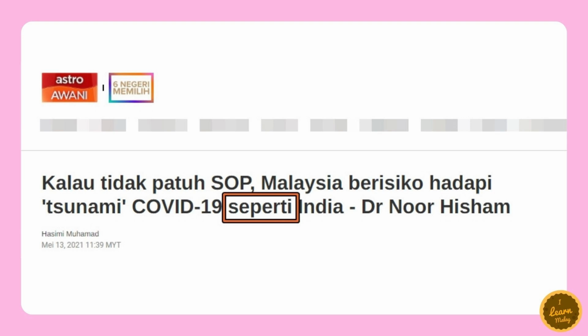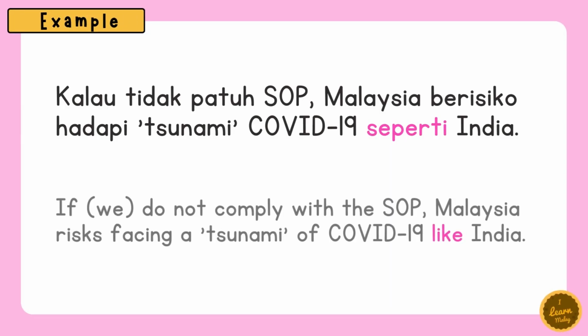Kalau tidak patuh SOP, Malaysia berisiko hadapi tsunami COVID-19 seperti India.